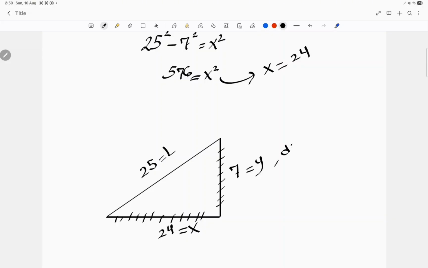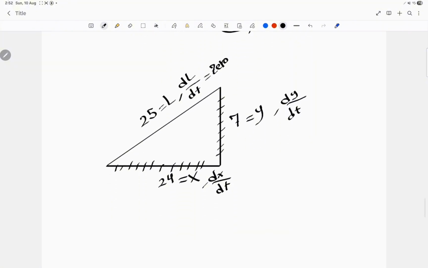So we're going to have dy over dt. We're also going to have dx over dt. But will its length change? That means that dl over dt will be 0.